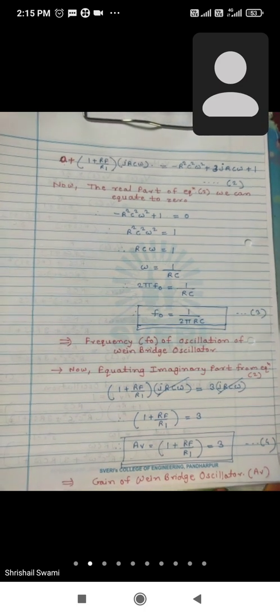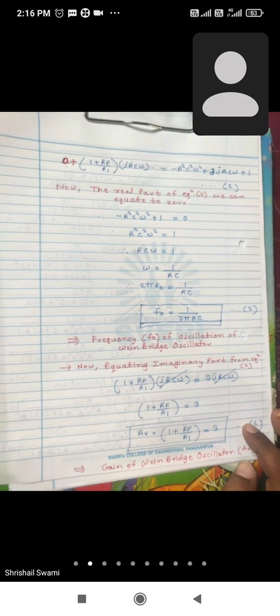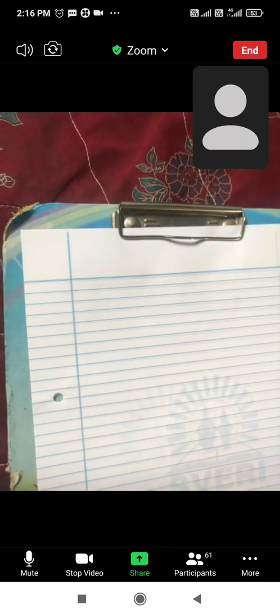Okay, so we can quickly see some advantages and then we can solve a simple problem. See here, therefore 1 plus RF/R1 is equal to 3. Therefore RF/R1 is equal to 2.